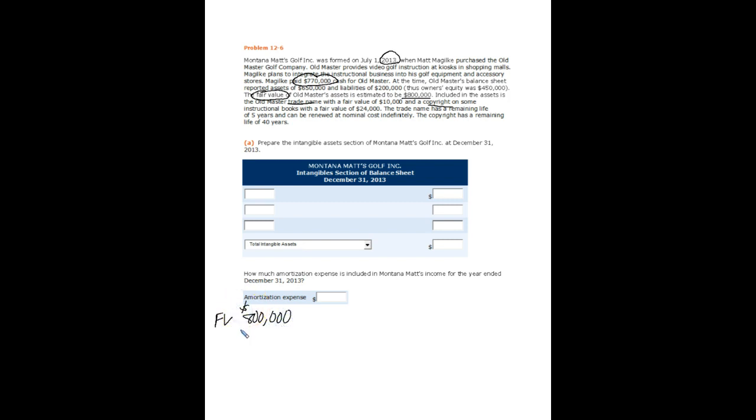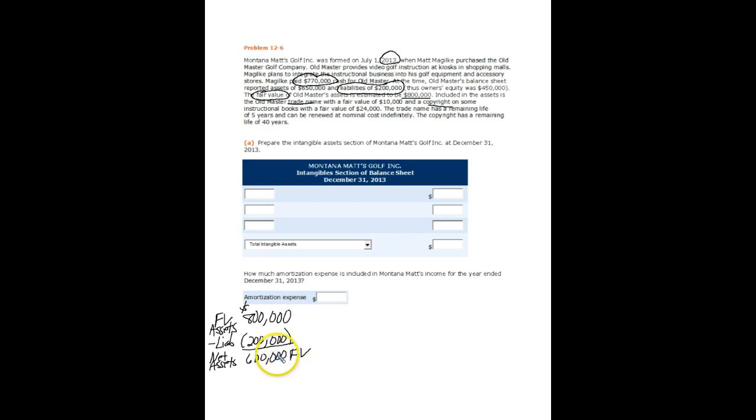We want to net out the liabilities that he also accepted when he acquired this business, which were $200,000. Essentially, the fair value and book value of those liabilities are going to be very close to the same. So we have the fair value of the net assets to be $600,000.